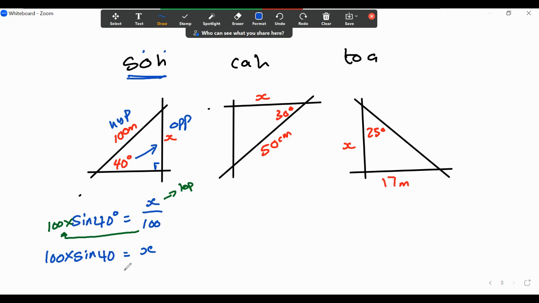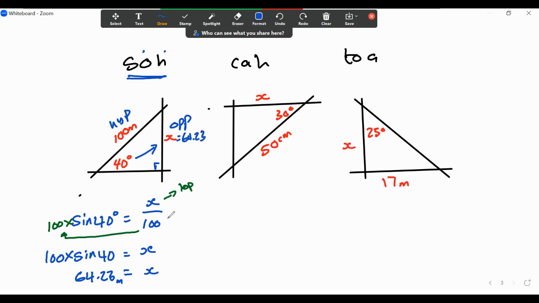And we put that on a calculator, and we're done. 100 multiplied by sine 40. Make sure you close the bracket if you need to at the end of your calculator for 40. All right, 100 times sine 40 comes to 64.23 meters. So that's going to be this length over here.